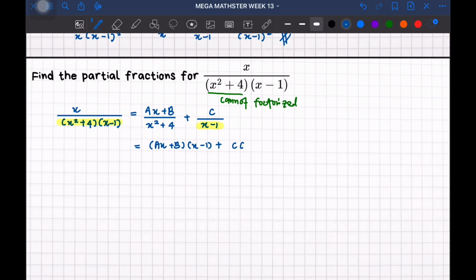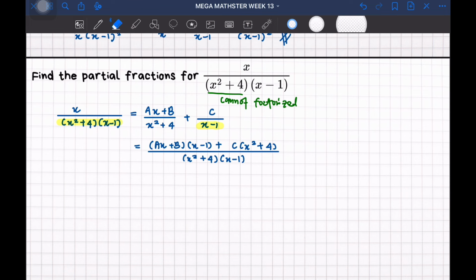So we have c times x squared plus 4. Don't forget to write your denominator combined: x squared plus 4 times x minus 1. Settled. The next step is to compare.